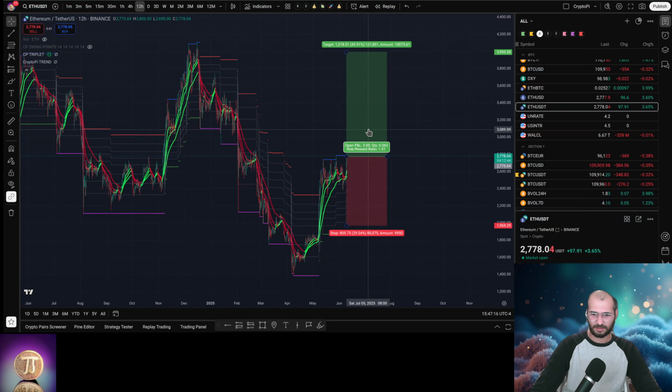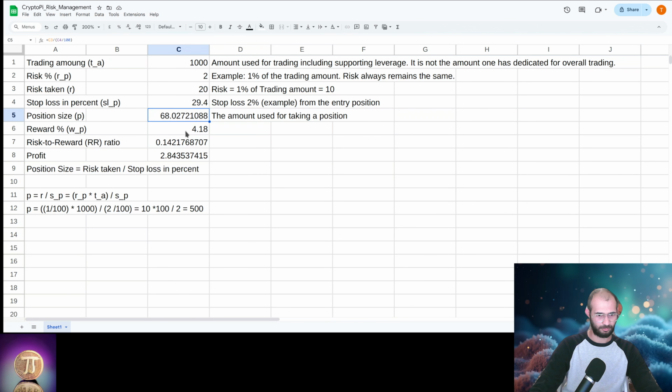Alright, so I've placed my reward at the all-time high, which comes down to 43.91%, and my risk to reward ratio is 1.51. So here I would say my reward at 43.91%.